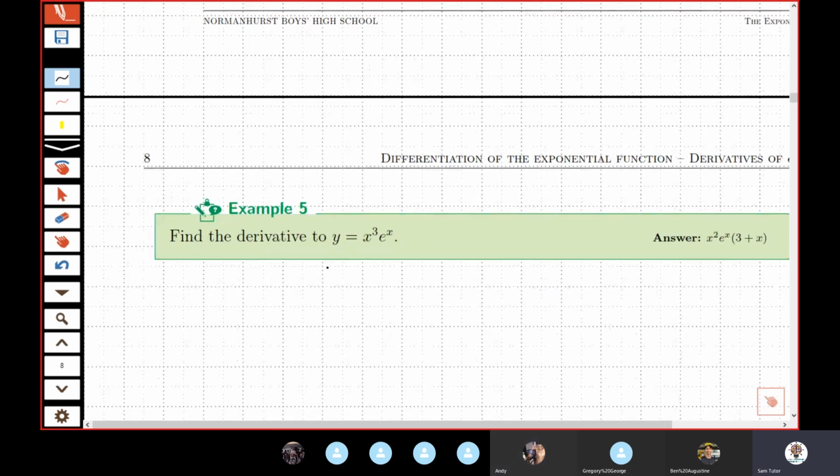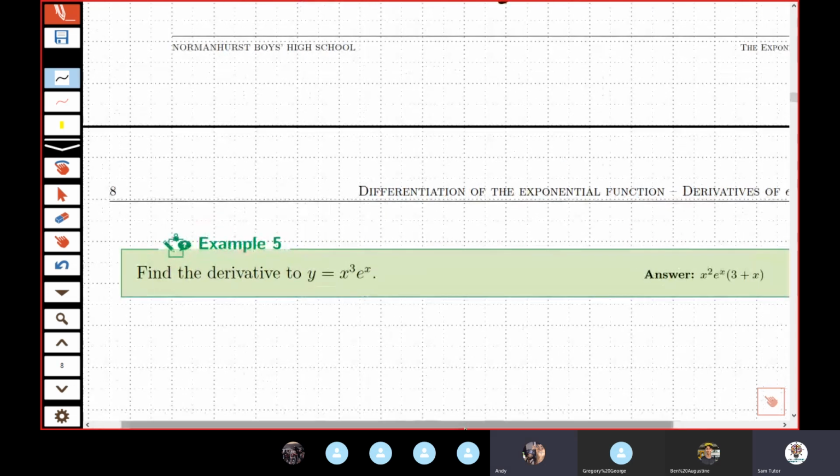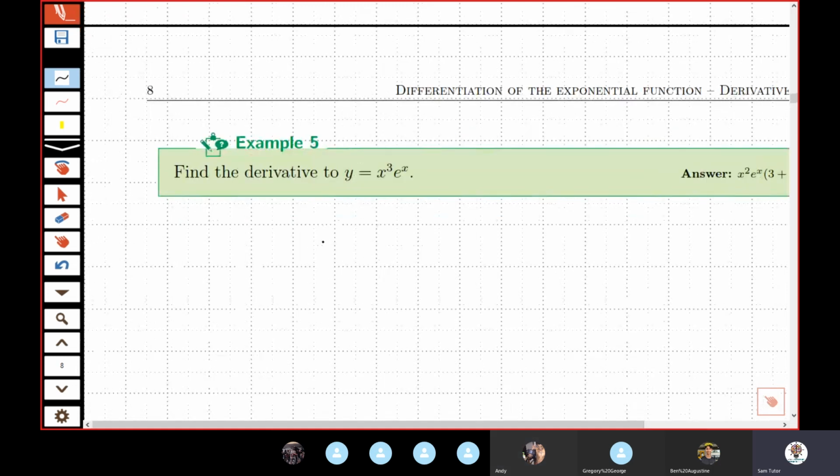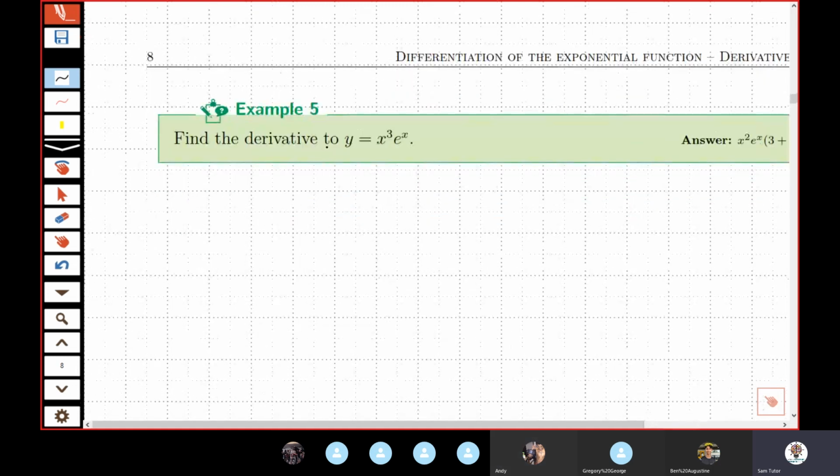Find the derivative of x cubed ex. All right. What do we do for this one? Let's try Rosemary. Find the derivative of y equals x cubed ex. You got 2 x's that are multiplied. What rule are you going to use? Product rule.